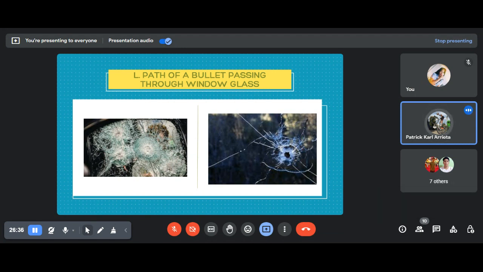The radial fractures will often form on the glass side opposite the impact and will spread outwards from the point of impact. Concentric fractures form on the same side as the impact, and they will encircle the point of impact.